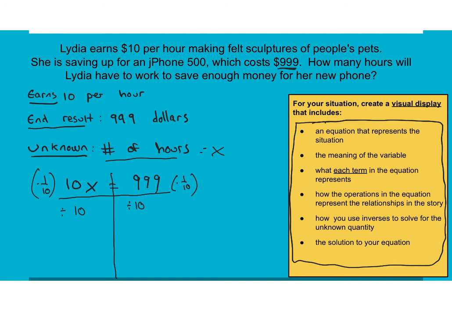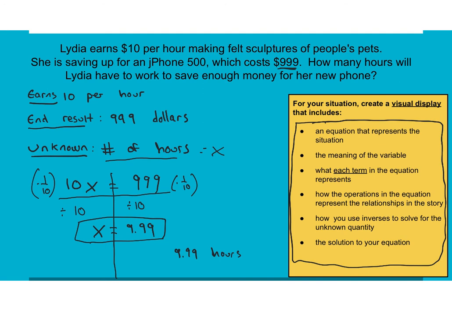So 10 divided by 10, or 10 times 1/10, equals our 1x, and 999 divided by 10, or 999 times 1/10, is going to equal 9.99. Now, what does this mean? What that means is that she's going to have to work 9.99 hours to buy the phone.